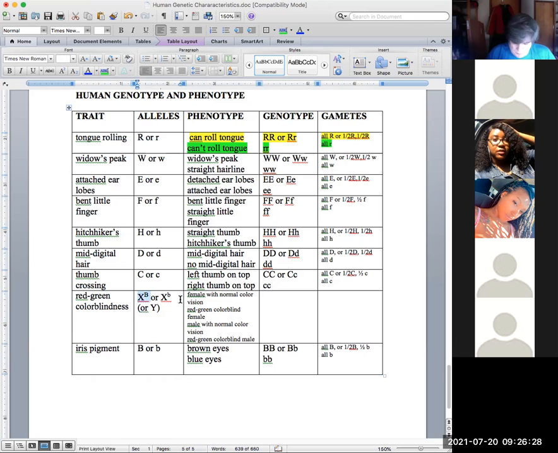Now I'm just going to cut and paste here. So if you're a female and you have normal color vision, what genotypes could you have? Well, you could be X^B X^B. And notice when we're talking about something on the X chromosome, we always write it this way, an X with a letter written above the line. This is called a superscript.